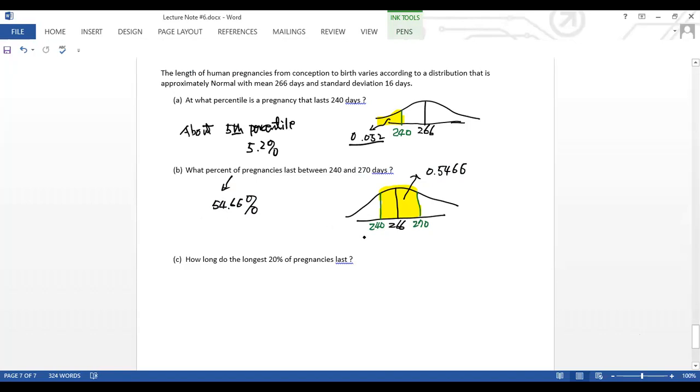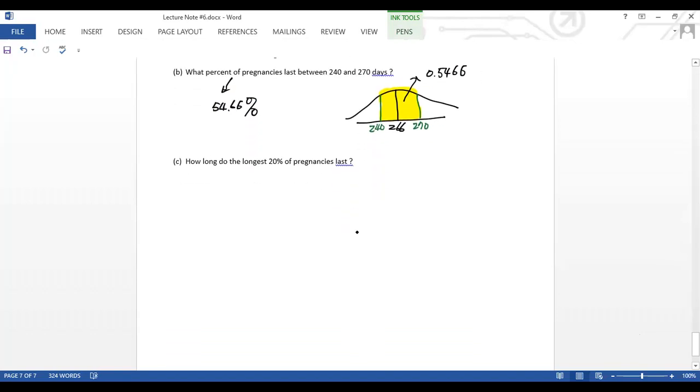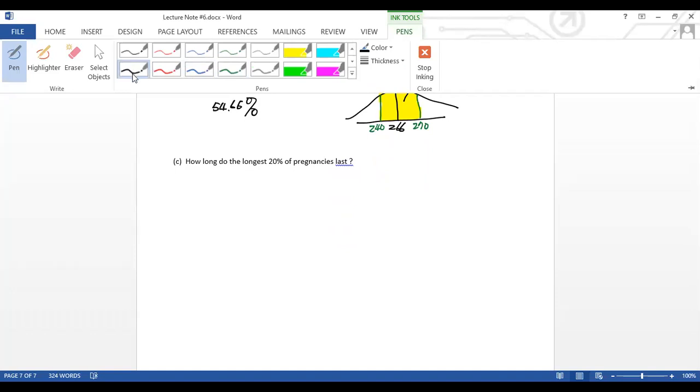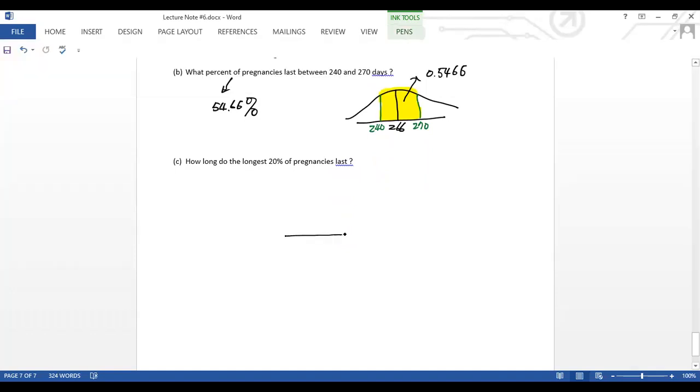Okay, now let's take a look. Let's say how long the longest 20% of the pregnancies last. Whoa, the longest ones, right? So okay, let's graph it. Always graph it. Here in the middle is 266.